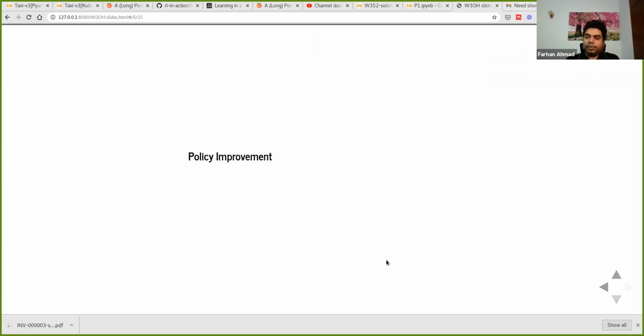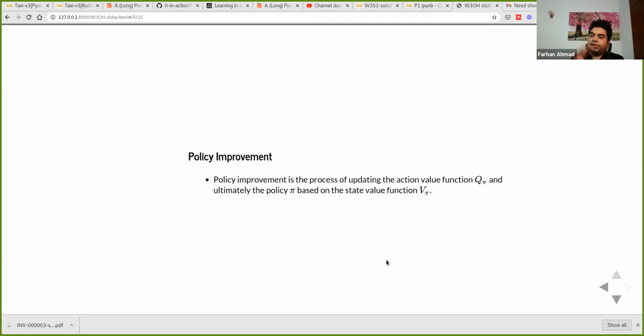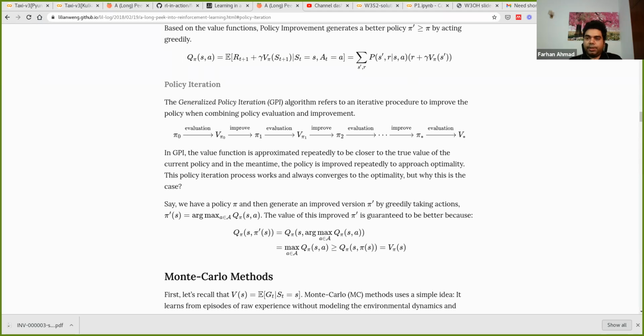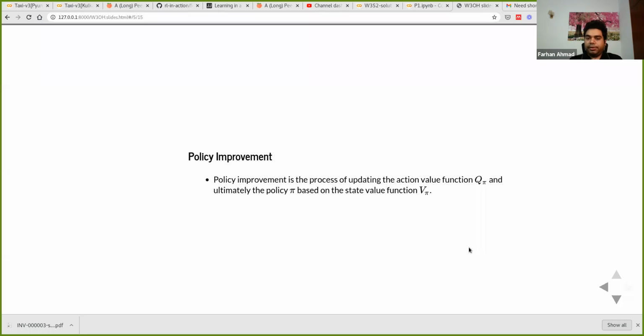And then the second step is policy improvement. When you generate those values, you can use them to get a new policy, because a policy is just created from a Q table or a V table. These are the two steps that I showed you here. So evaluation and improvement make up what is called policy iteration.